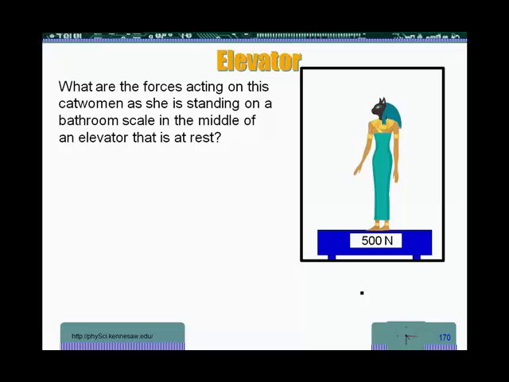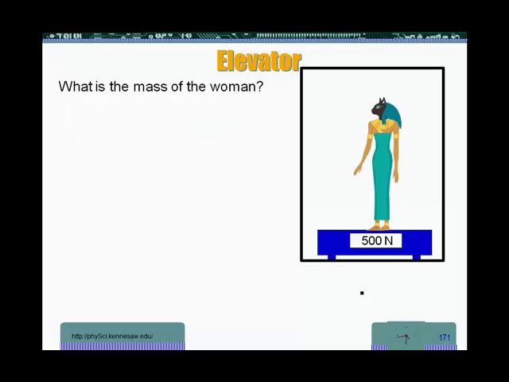The Earth still exerts on her the gravitational force that's equal to her weight, and then the scale is going to exert on her an equal force in magnitude, that is the normal force that the scale exerts on her feet, holding them up. Now that's the case at rest.